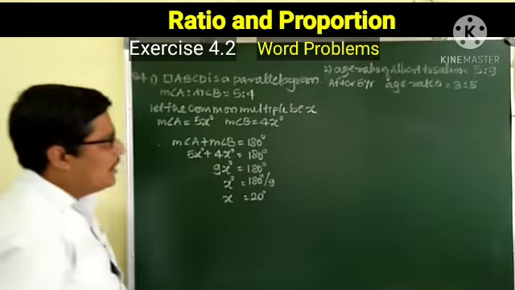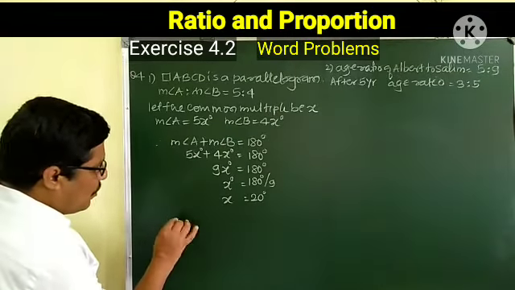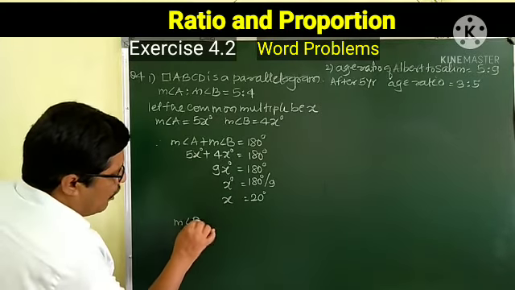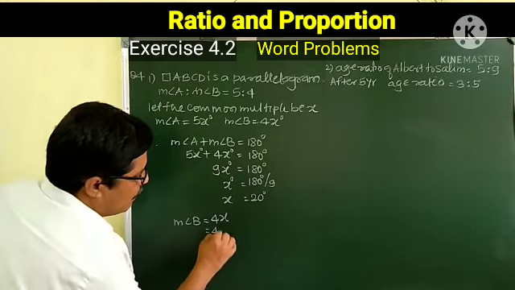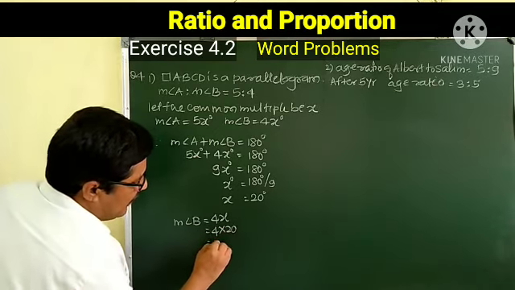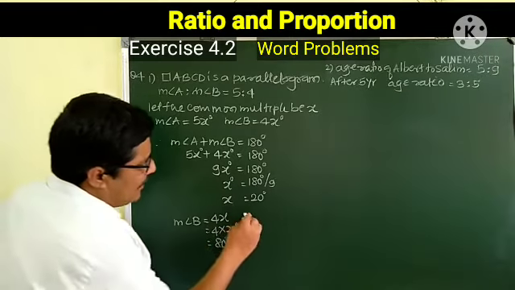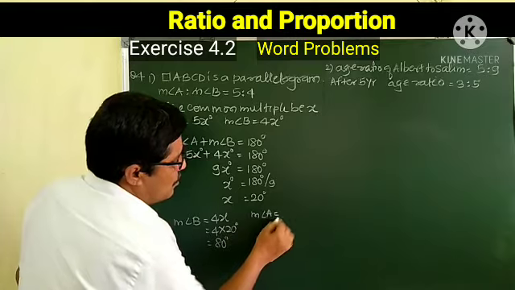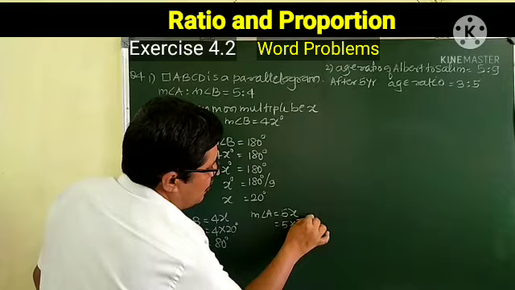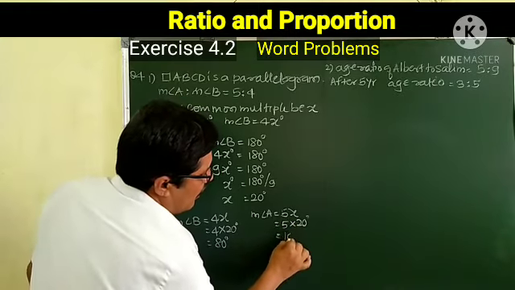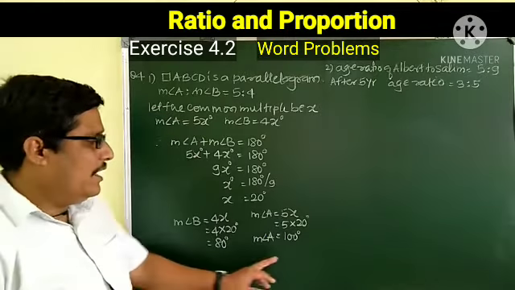This is the common multiple. Here it is asked to find out measure of angle B. So measure of angle B is equal to 4x, that is 4 into 20, that is 80 degree. At the same time we can find out angle A also. A is 5x, that is 5 into 20, so 100 degree. So measure of angle A will be 100 degree.